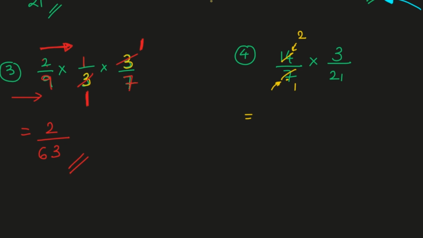Here as well, 3 and 21, you can simplify them. 3 divided by 3, it's 1. 21 divided by 3, it's 7. So now you can write the answer as 2 into 1, multiplying numerators together: 2 into 1, it's 2. Then multiplying denominators together: 1 into 7, it's 7. So the answer is 2 upon 7.